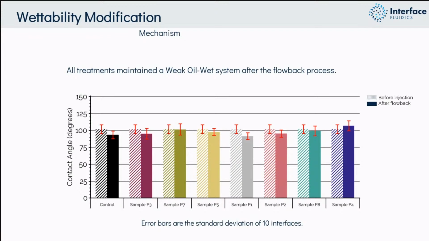Once the experiment is done, once the flowback is finished, we take a lot of pore scale images in the frac zone, and then we measure the contact angle to see if there's any difference, any improvement, or any damage. Throughout the entire experiments, we didn't see much difference in the initial and final contact angle. So we don't expect that the wettability has been either improved or damaged.